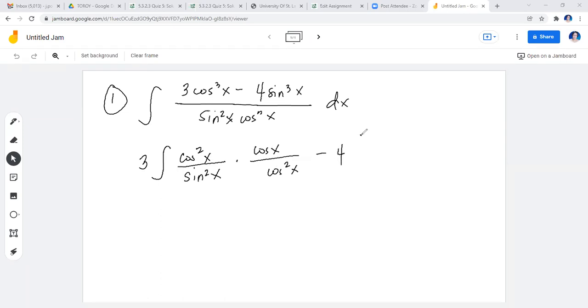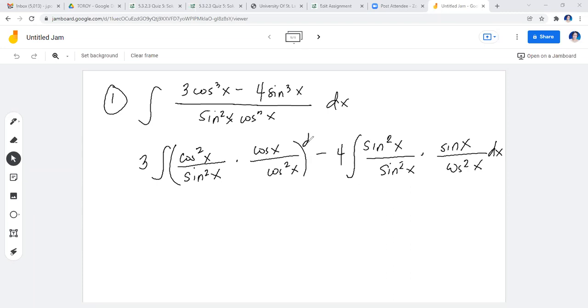You'll have 4 integral of sine squared x all over sine squared x for this, and I will have here sine x, because it's sine cube, over cosine squared x dx. Oh, sorry, we have this, and it should have a dx.